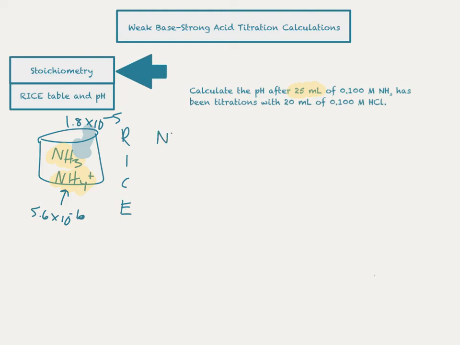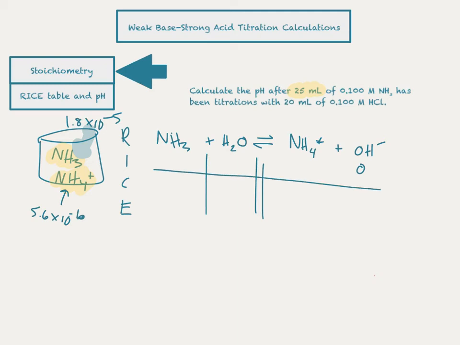And we'll write out NH3 reacts with water in an equilibrium fashion to produce a small amount of ammonium ion and hydroxide. Now we're going to assume at this moment that we're starting with no hydroxide in our reaction because we just added some strong acid here.